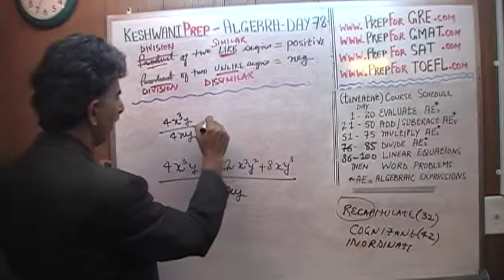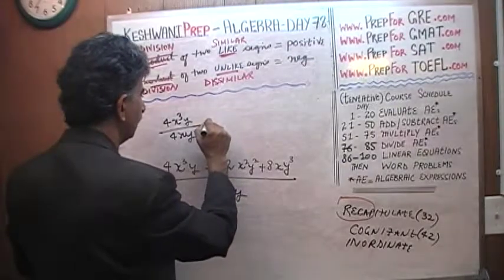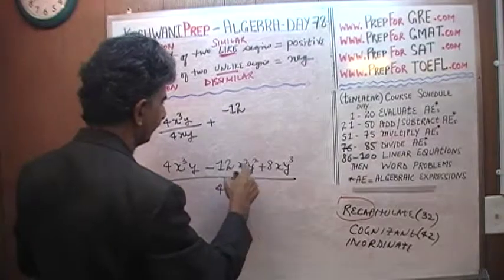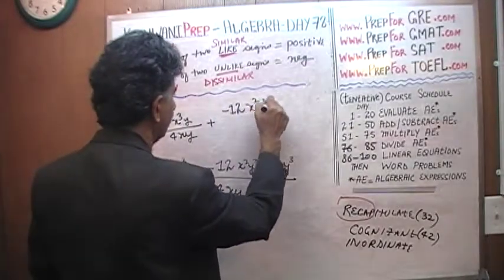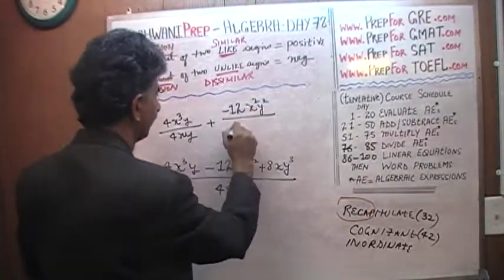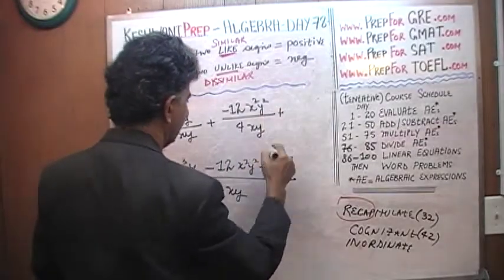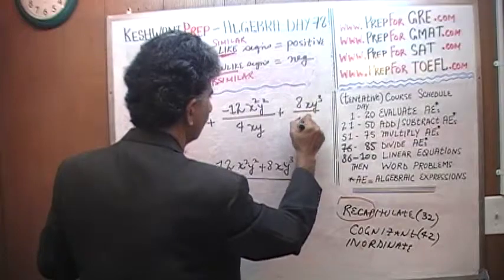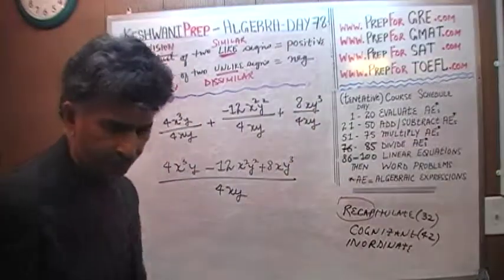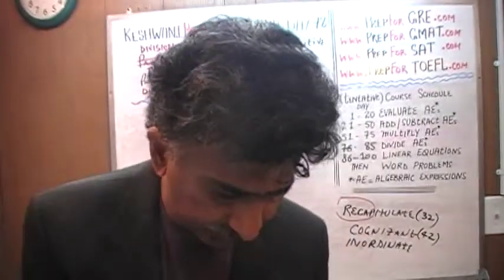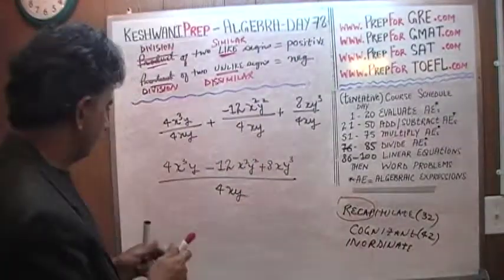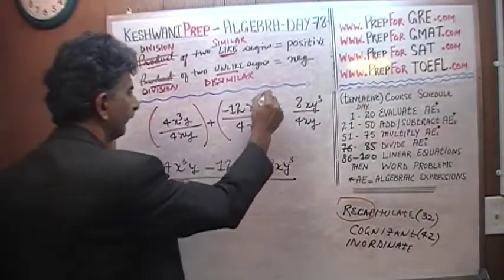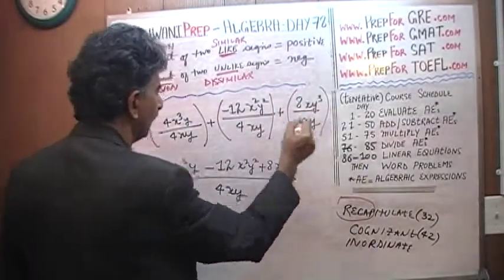Then we have negative 12x squared y squared over 4xy. And then we have positive 8xy cubed over 4xy. Let's put parentheses around these things so we can see them. Three separate things. Here's the first one, here is the second one, here is the third one, voila.